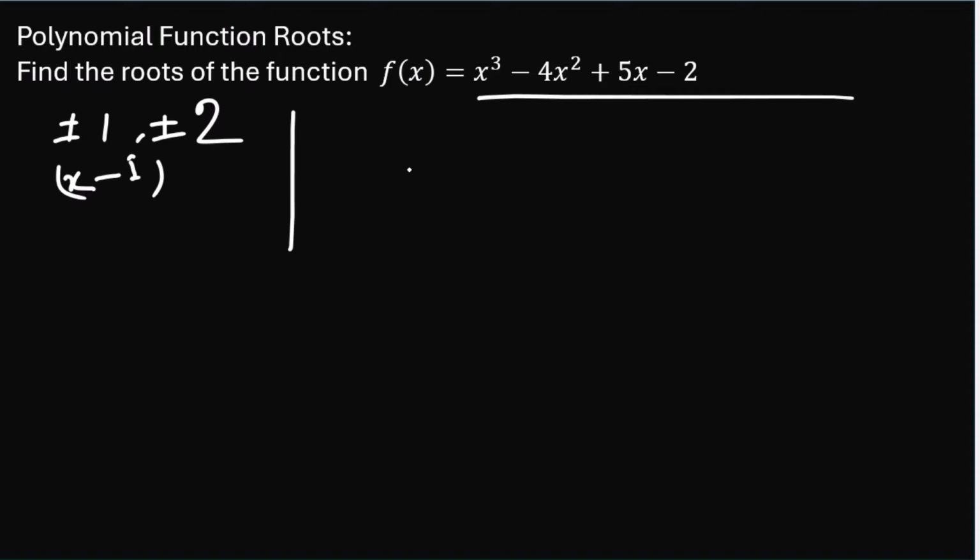So here the division works like this: first we will take 1. Okay, so now the x cube coefficient is 1, here the coefficient is 4 for x square, and here you will get 5, and here minus 2.